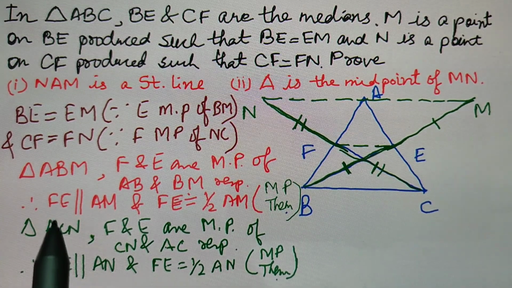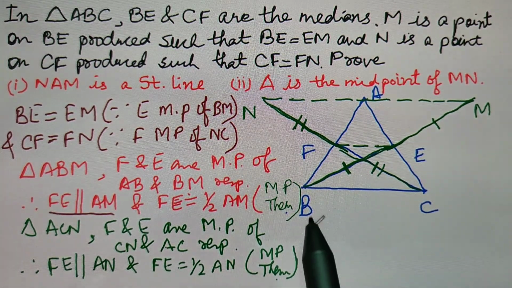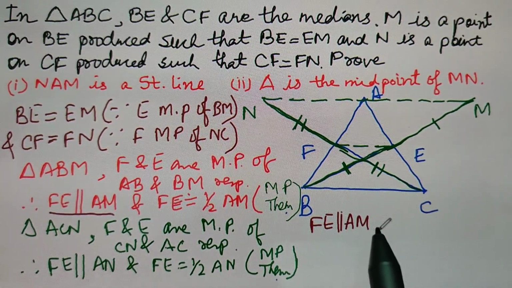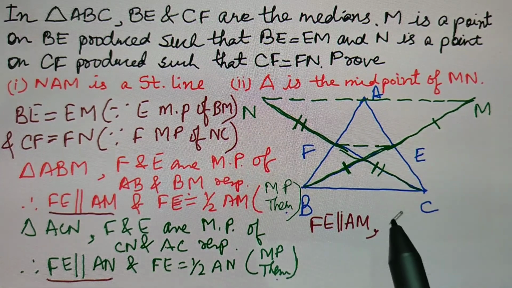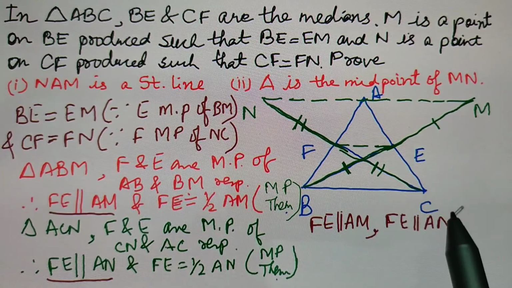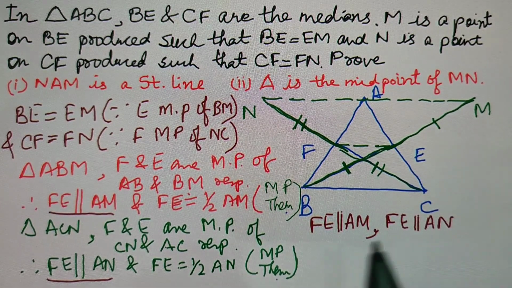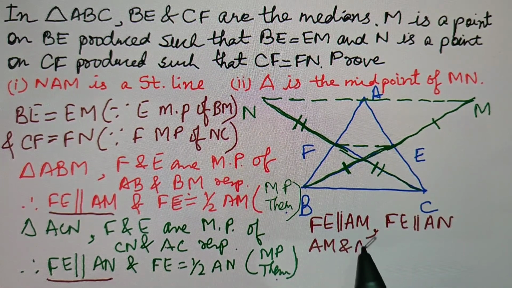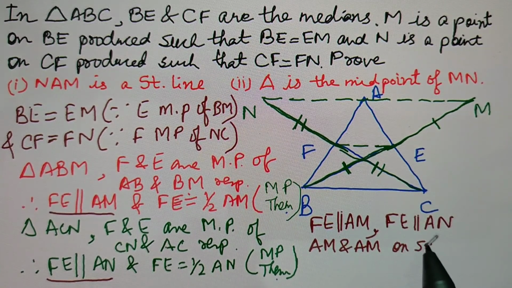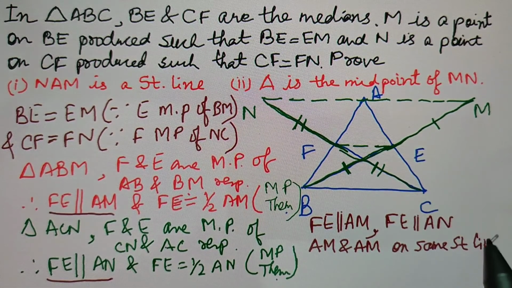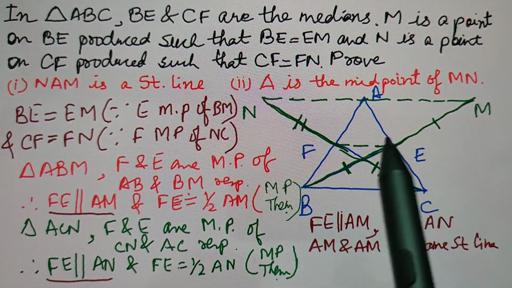Okay, fine. In the first case FE is parallel to AM, and in the second case we have FE being parallel to AN. Now what can we conclude from this? It means that AM and AN lie on the same straight line. You can see it through the diagram also.